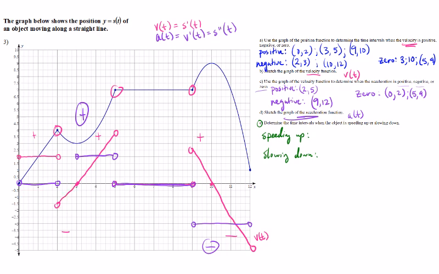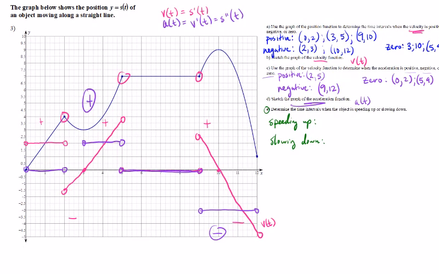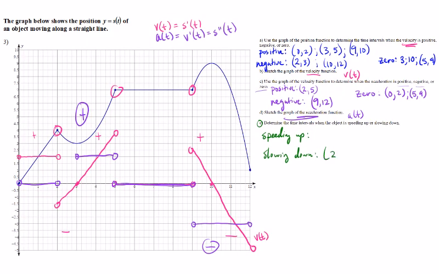So it's slowing down from 2 to 3, okay? And then from 3 to 5, it's speeding up, right? It's going away from 0, so that speed is going to be increasing. So 3 to 5 is speeding up.